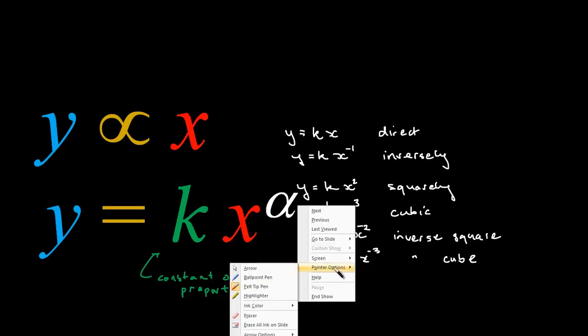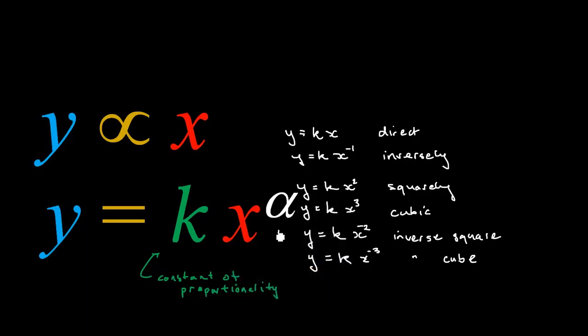And here, for this, I'm just calling this alpha to stand for any what? Any integer. So of course, if it's positive, so if it's a positive integer, that will be a direct relationship or a square relationship.